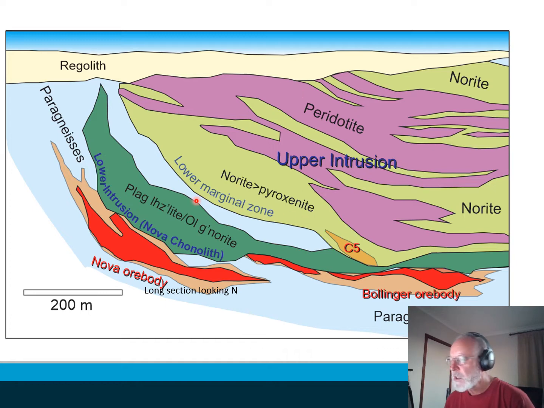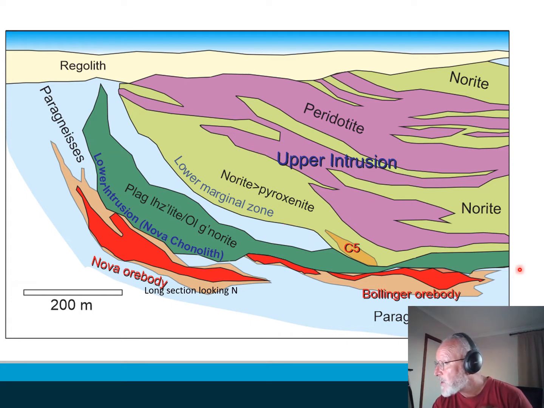There are two intrusions at Nova which come together and merge. The upper intrusion is a classic layered intrusion, with alternating layers of ultramafic and mafic cumulates, rhyodites and norites. There's a little bit of sulfide in it, but not very much until you get right down to the bottom. It has a lower marginal zone, which grades up into the cumulates.